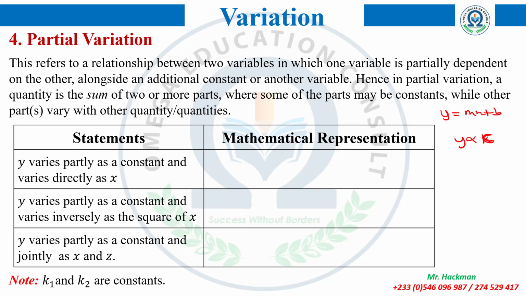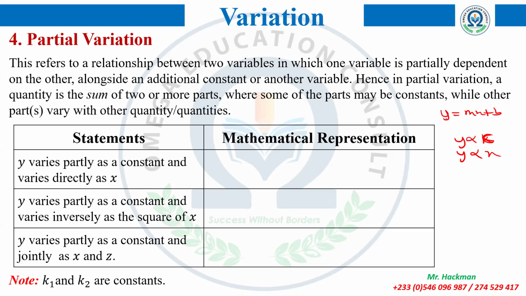This is just any constant. I hope you get my point. And y varies directly as x. So it means the same y is varying directly as x. Do you agree? Yes, please. Okay, very good.